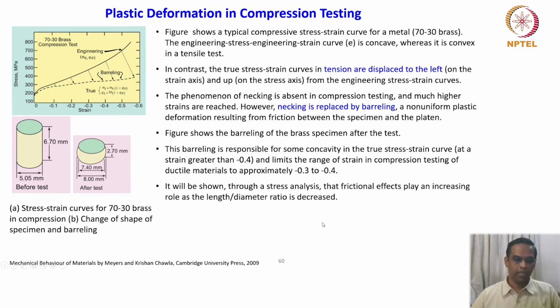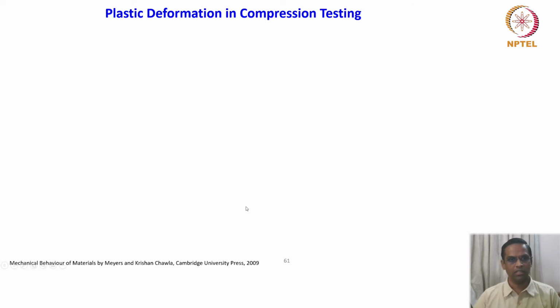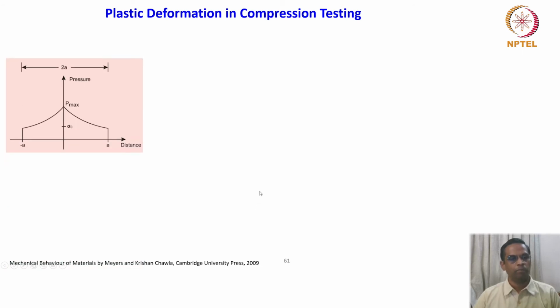What kind of length to diameter ratio should one choose for getting reasonably good data which describe the deformation characteristics in the compression mode? We will see what all the challenges are.